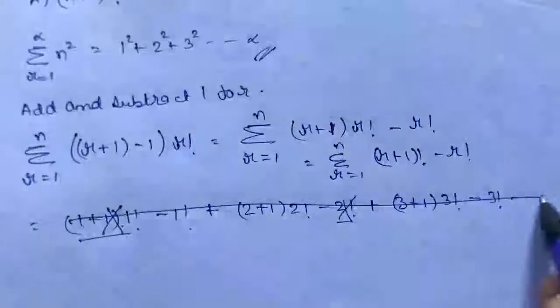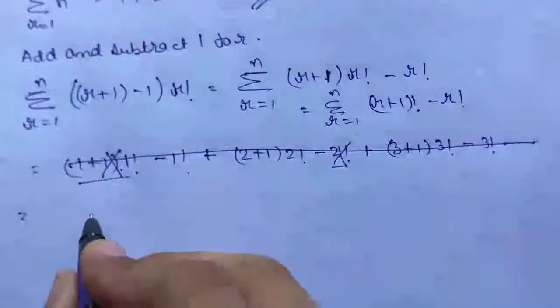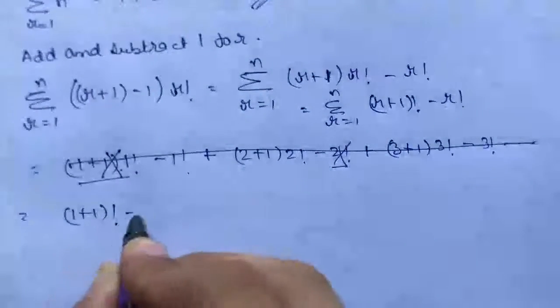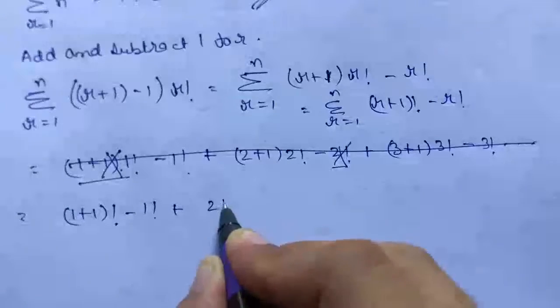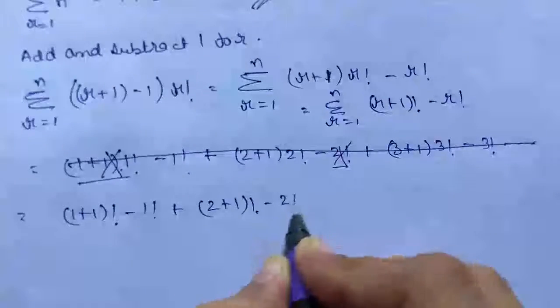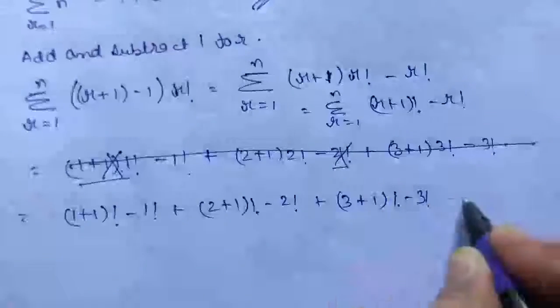So we'll just rectify this. Okay, so now putting in the values of r, it will be (1 plus 1) factorial minus 1 factorial, plus (2 plus 1) factorial minus 2 factorial, plus (3 plus 1) factorial minus 3 factorial, and so on.